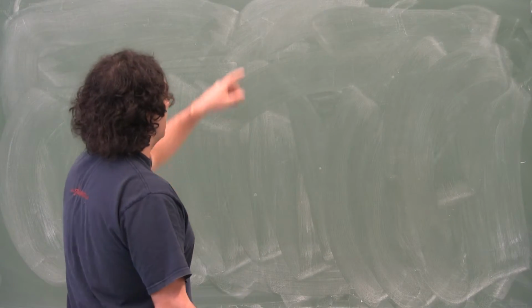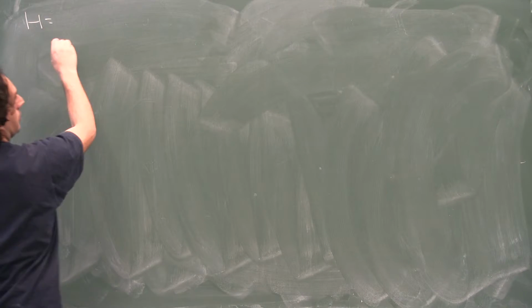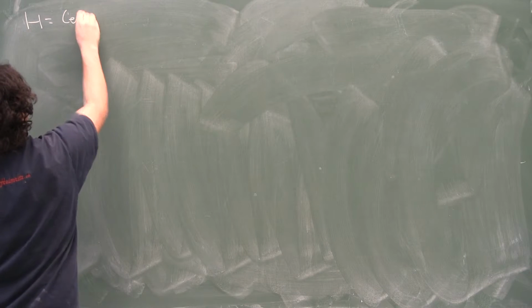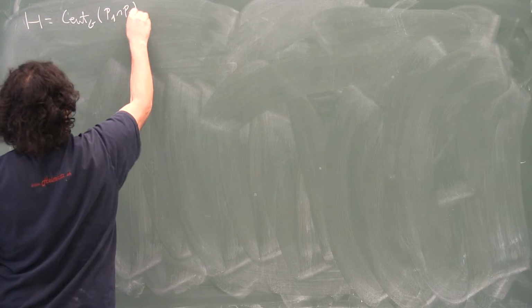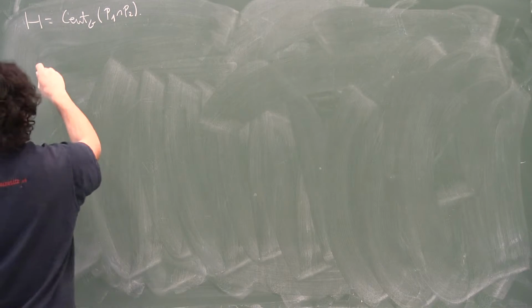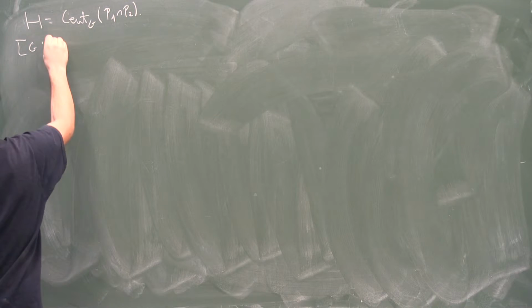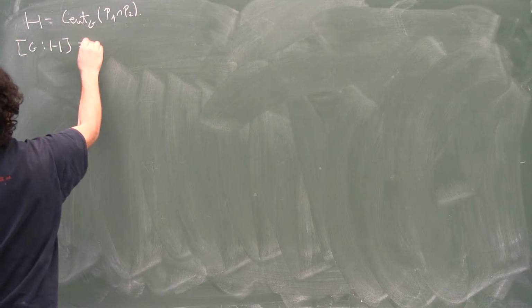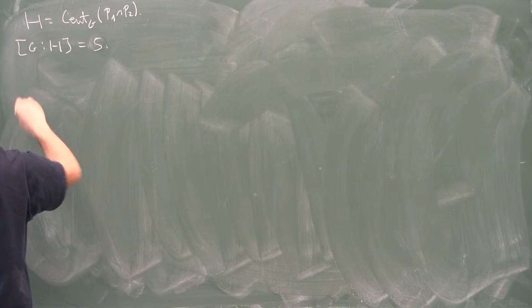Okay, so let's carry out the plan I suggested. So let's write H equals centralizer in G of P1 intersect P2. And okay, so we have G mod H, the order is equal to 12, the index is equal to 5.